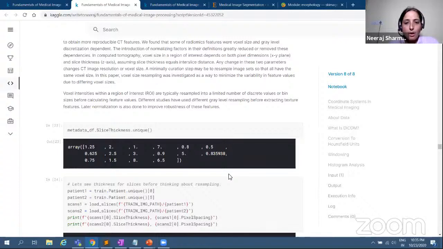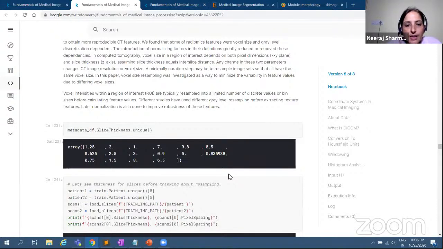So there is a lot of variation in the distance between two slices. If the slice thickness is different, that means the voxel size of the images is also very much different.